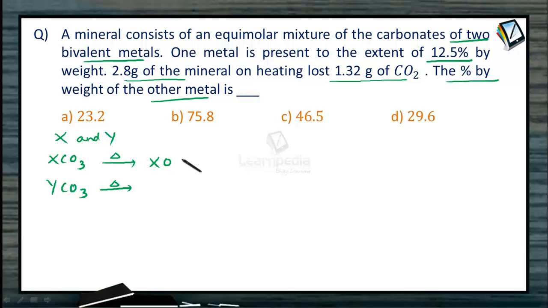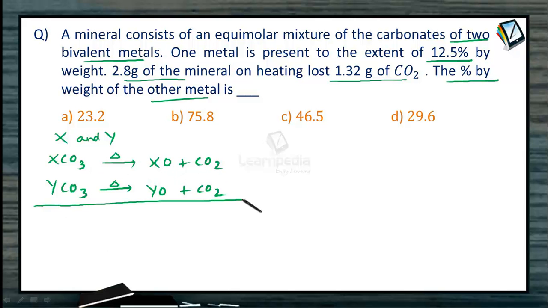It is the metal oxide, and carbon dioxide is released. And here again the metal oxide and carbon dioxide are released. If you are confused with the symbols X and Y, you can imagine magnesium and calcium. So two bivalent metals, calcium and magnesium. Their carbonates are MgCO3 and CaCO3, and when they are decomposed, we get the corresponding metal oxide and carbon dioxide.